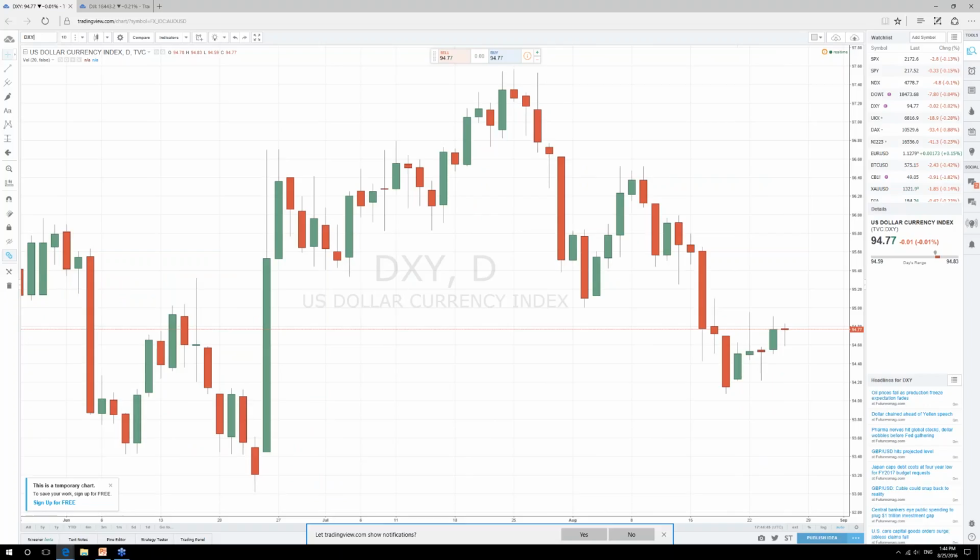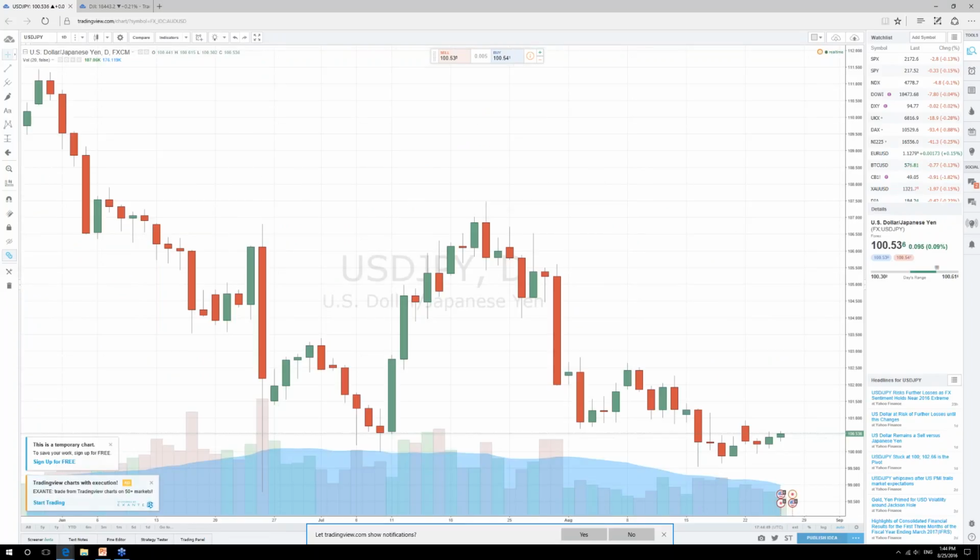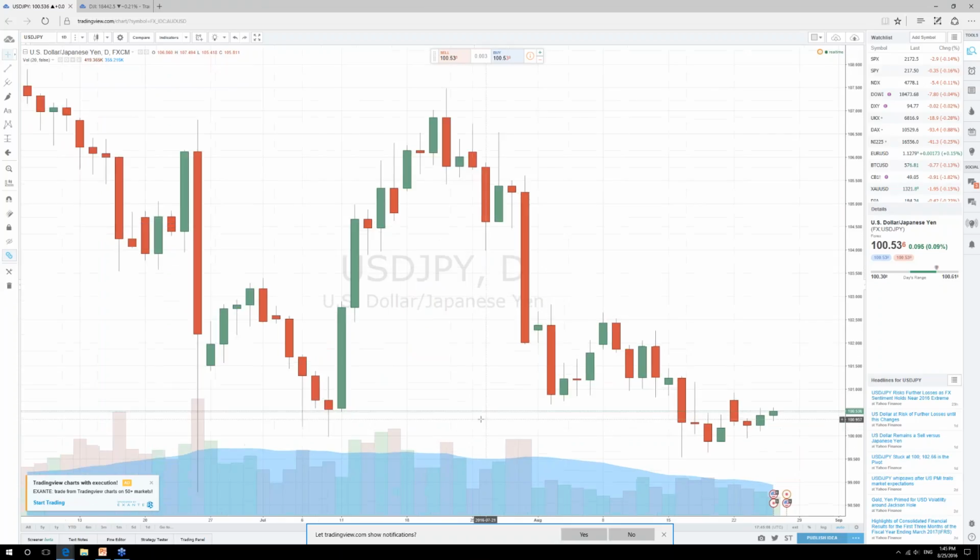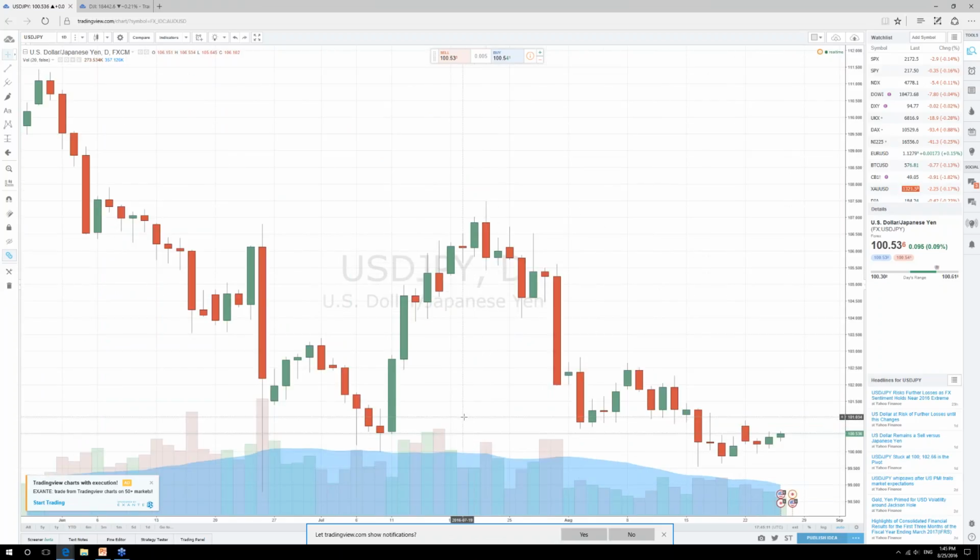So if you want to trade the dollar-yen pair, really do your homework on the Japanese yen more so than on the US dollar, because we're going to have a shaky road in the next 2 months. And with the Fed also not really hinting what is going on with the rate hike plan, it's a little bit risky. But what we can do is waiting for the election day.